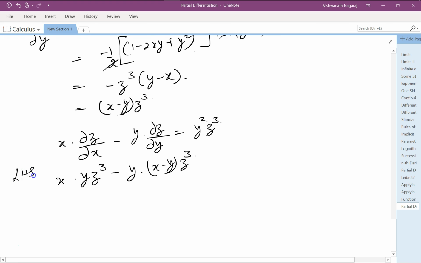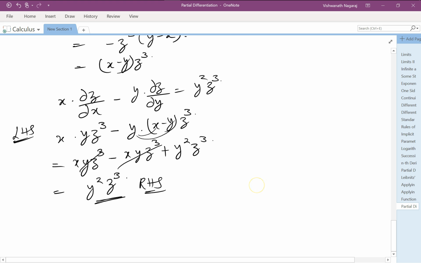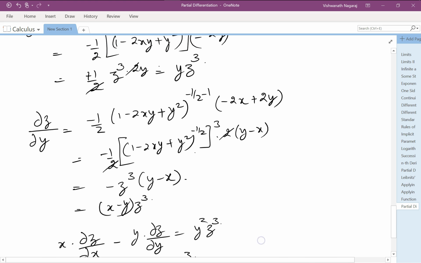We are looking at LHS. So now what happens? XYZ cube minus XYZ cube plus y square z cube. Yes, distributive property. These two get cancelled out and we are left with y square z cube, which is nothing but the RHS. Okay, so as you notice, there are a lot of places where we can make a mistake.